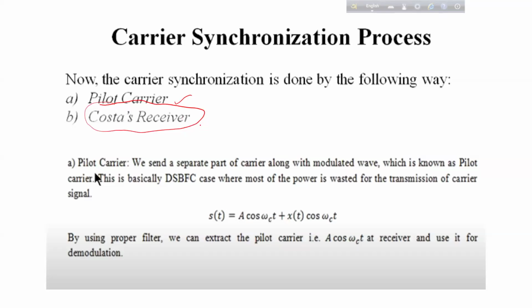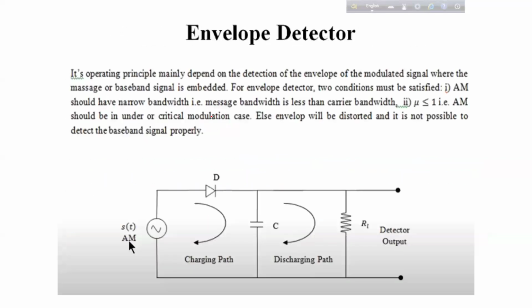Just know the name of Costas receiver and why we are using it to generate the carrier signal in synchronous detection or the synchronous demodulation technique. Okay, that's it. Now we have seen the envelope detector or envelope detection in our lab.